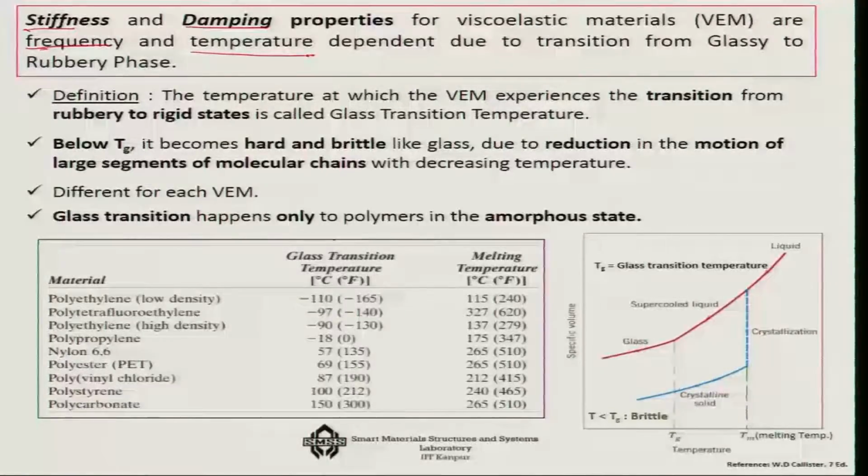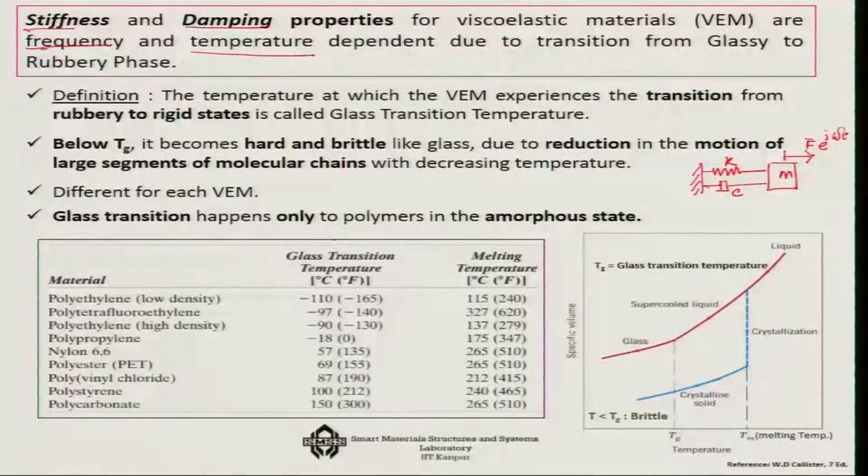Which means that when you are applying a dynamic load, and if you remember that single degree of freedom system, let me draw it for your reference. This was the Kelvin-Voigt model of the viscoelastic material, and we have a mass here, and this is the viscoelastic material K and C, which is subjected to some kind of dynamic loading F bar e to the power j omega t.